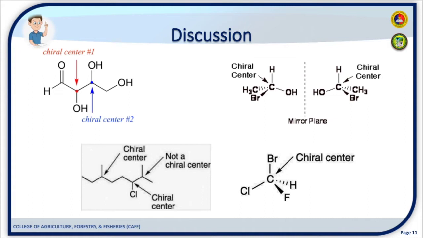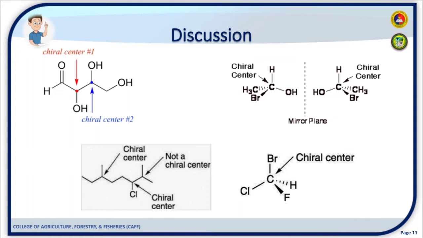The left side is a carboxylic acid substituent, or COOH. Below chiral center number 1, you have the OH, or a hydroxyl group. Next, on top of chiral center number 1 is a hydrogen atom, which is not drawn. And lastly, the right side of chiral center number 1 is a carbon atom.